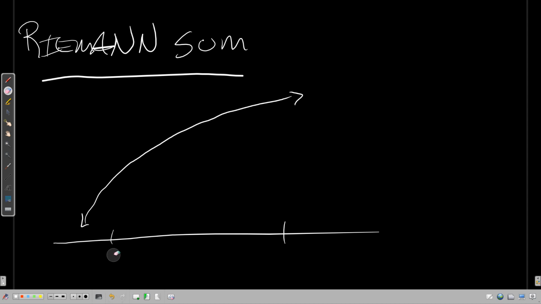Here's a function from 0 to 2, and let's do an R4. Okay, and I don't know what the function is, it's just f of x. I can still write down what R4 is in terms of f. Now it's got to be a right Riemann sum, so that means the top right corner of my rectangles will touch the curve.